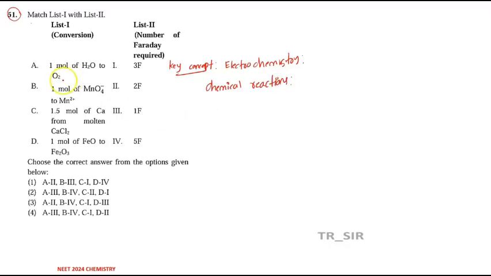Now here, what is the first statement telling? The formula we can use for this case is Q is equal to N into F. Here, Q is equal to the charge, whereas N is equal to the number of moles of electrons.